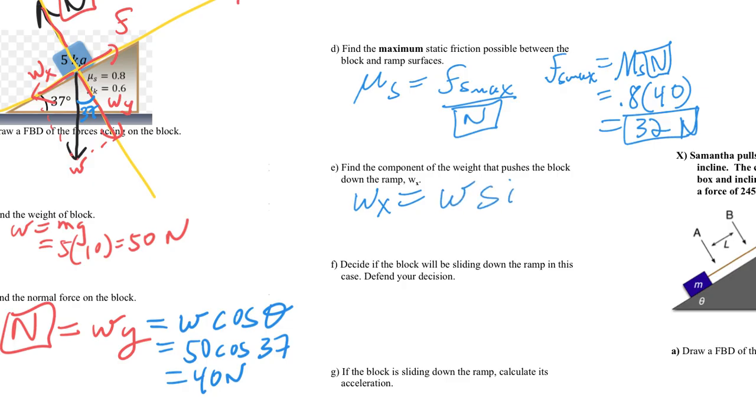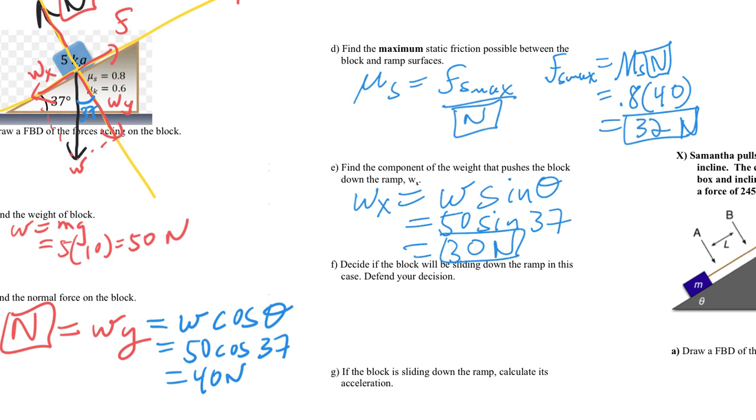Weird. So sine of theta. So that'd be 50 sine of 37, which comes out to be 30.09. I'll just say 30 newtons.